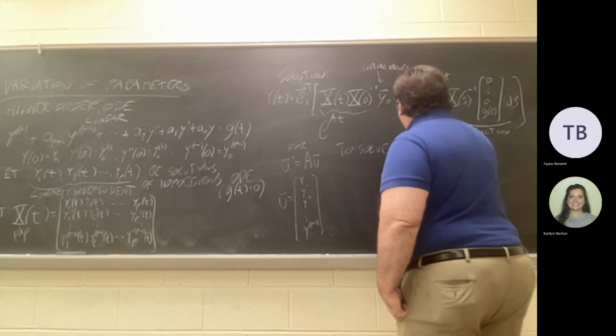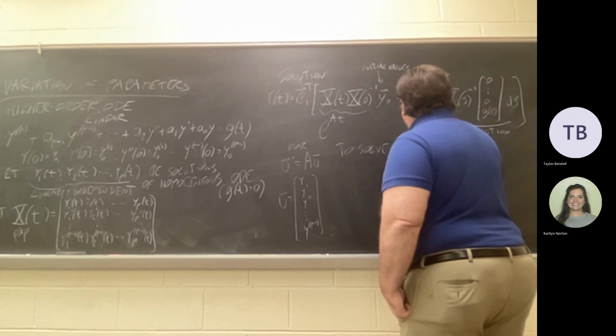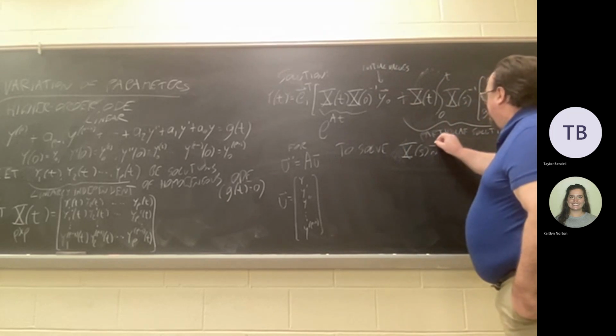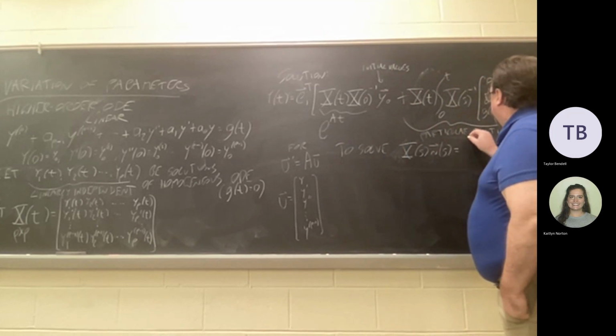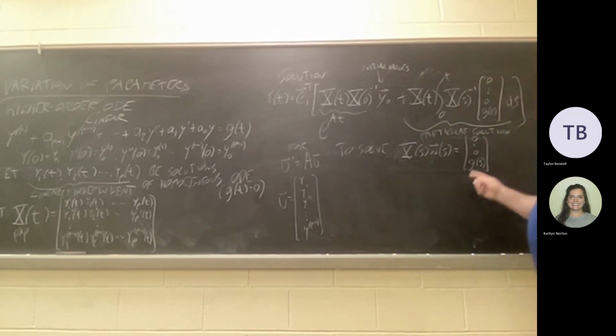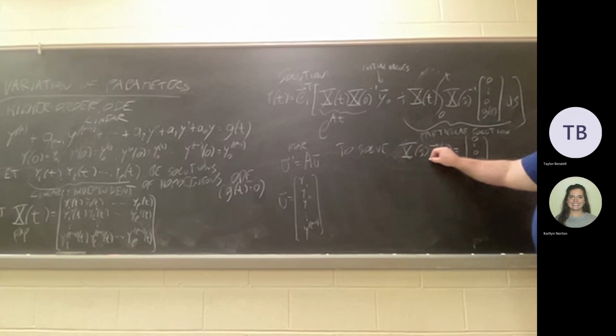Yeah. So to solve a system, X of s times, I'll call this w of s, is equal to this right-hand side, 0, 0, 0, g of s. Because really that's what we're doing. We're solving this system for the unknown vector w of s.